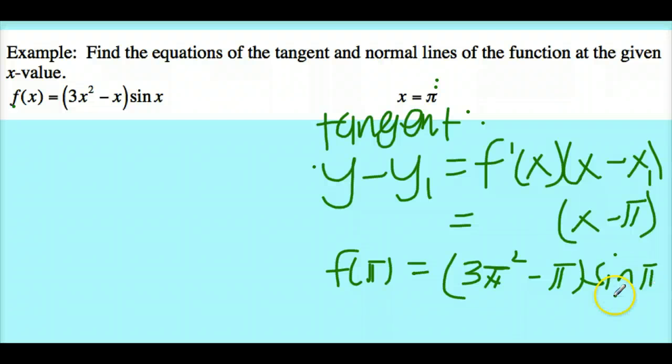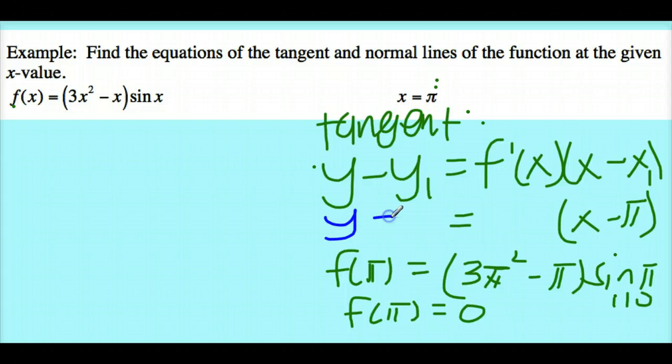If this is equal to 0, then my whole function is equal to 0. So f of pi is equal to 0, which also means I'm going to get y minus 0 for this function. Now if you notice, the only thing missing is the slope right here, and to find the slope, what do I have to find? Good, I'm hoping you said it, but you do need to find your f prime of x.